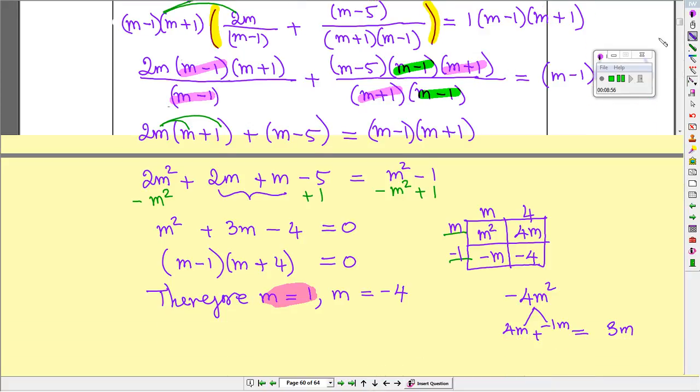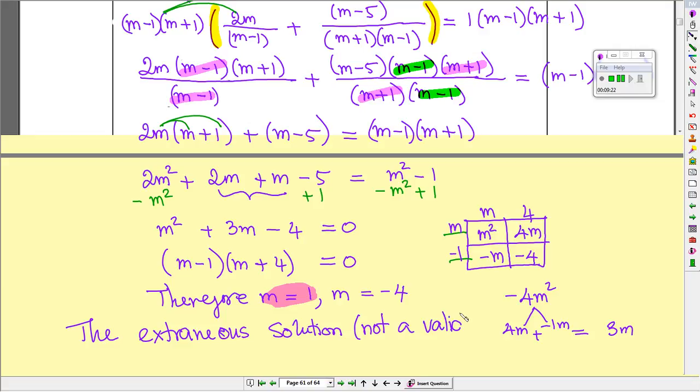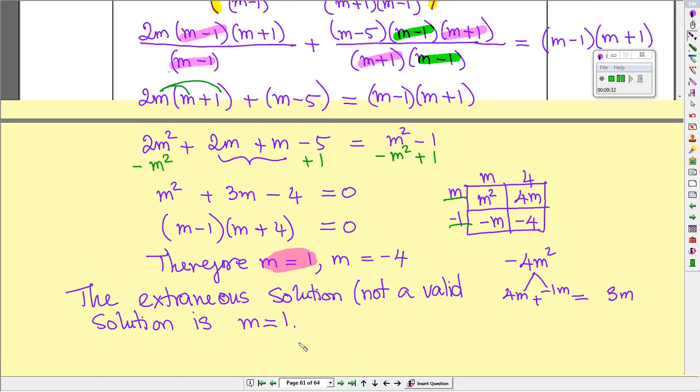So we can conclude that the extraneous solution, in this case not a valid solution, is m equals 1.